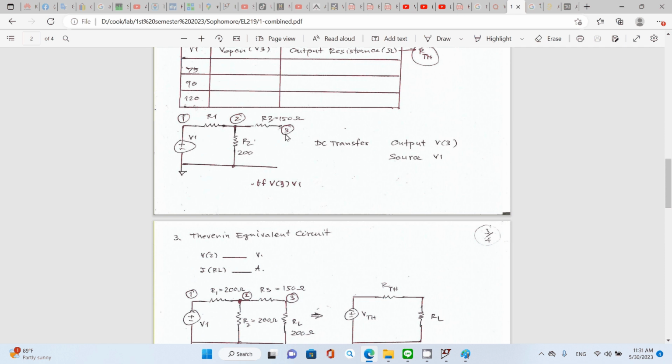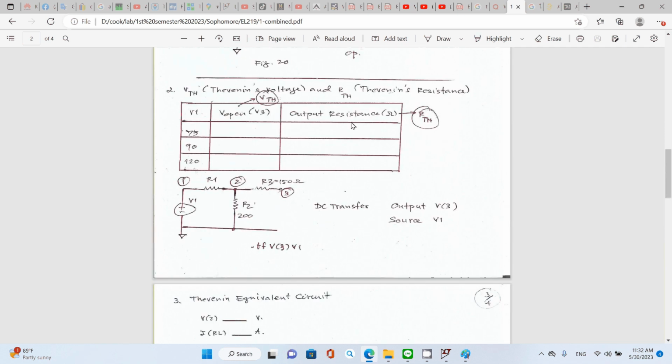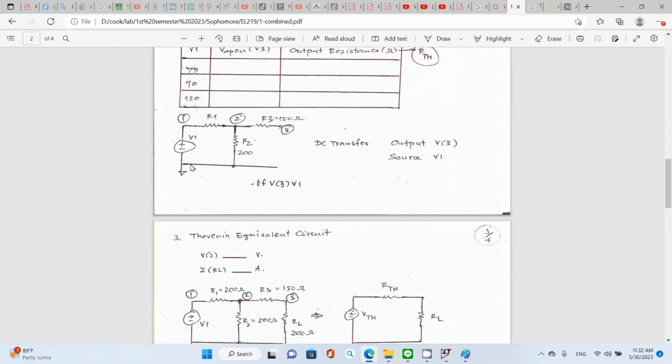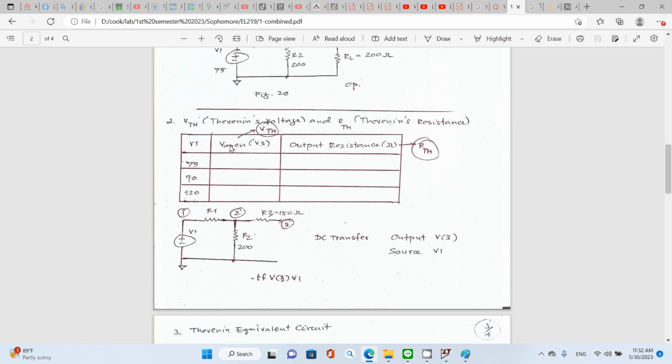V3 is what you're looking for, and the source voltage is V1. And it will give you the output resistance for various supply voltage V1: 75, 90, and 120. Okay, so you already have all the data to record in table number 2 for V open and output resistance in the unit of ohms.